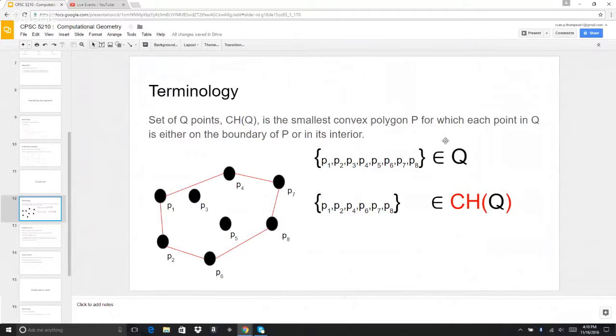Here again, P1 through P8 are all elements in Q. As you go around each point, your goal is to minimize the distance that you have to cover.